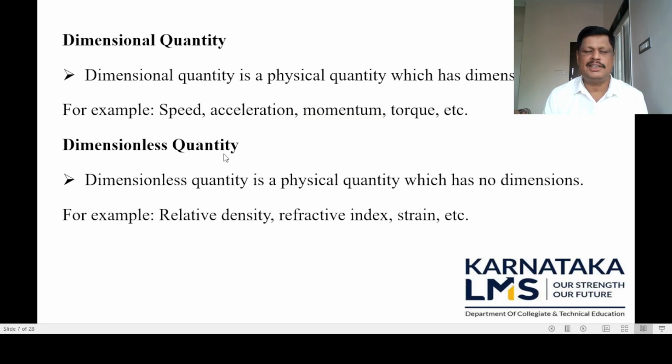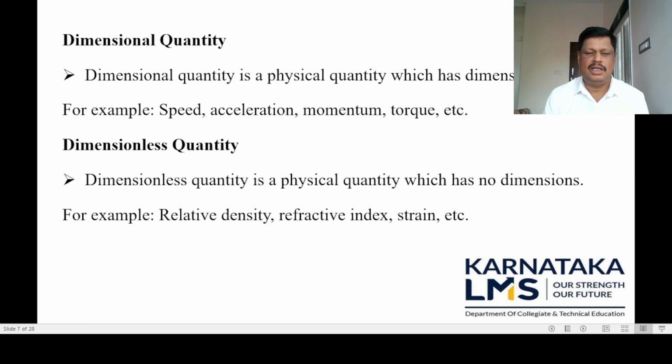Similarly, dimensionless quantity. Dimensionless quantity is a physical quantity which has no dimensions. Certain physical quantities which don't have dimensions are called dimensionless quantities. For example, relative density, refractive index, strain, etc. Because these are only ratios.